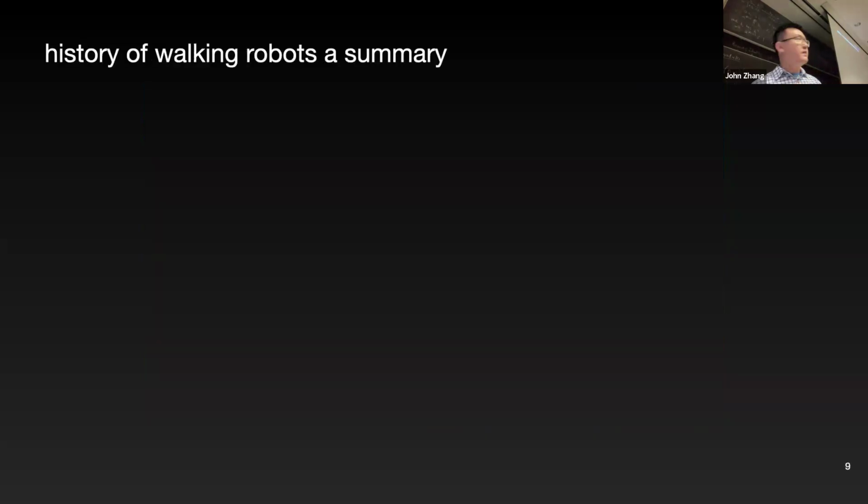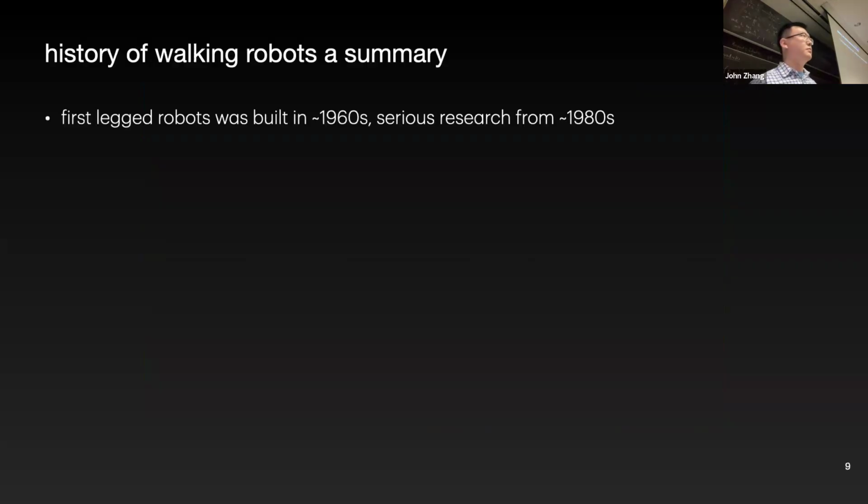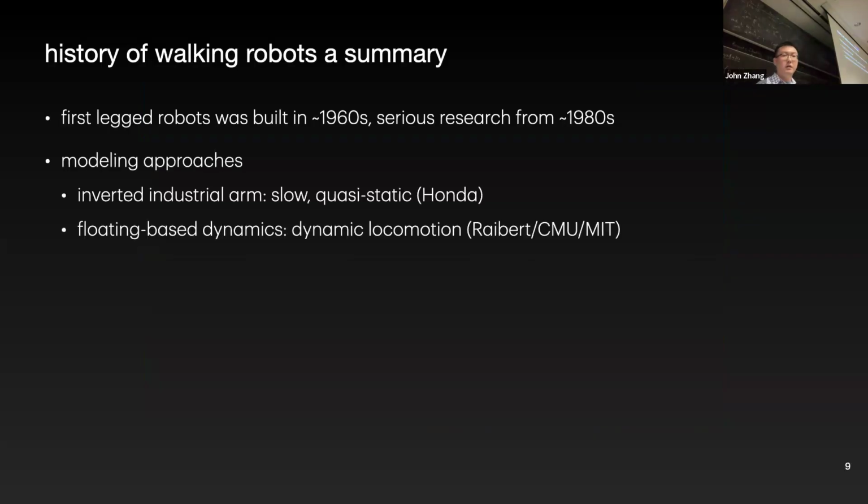To summarize the history of walking robots, people started building these systems in about the 1960s and it picked up steam roughly in the 80s. The earliest results were the hopping robot at CMU and the Honda results, both from the 80s, I think.